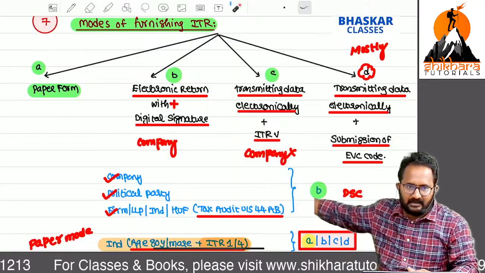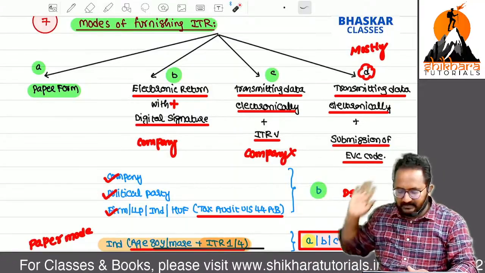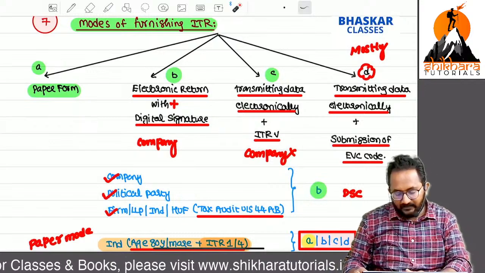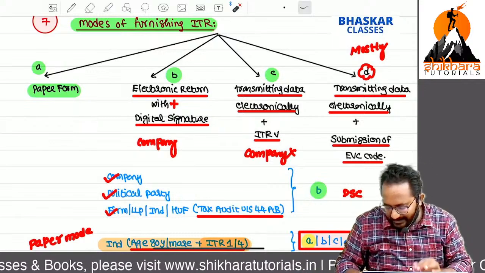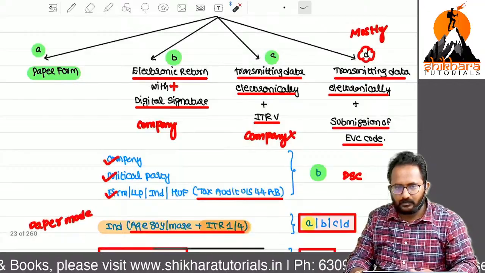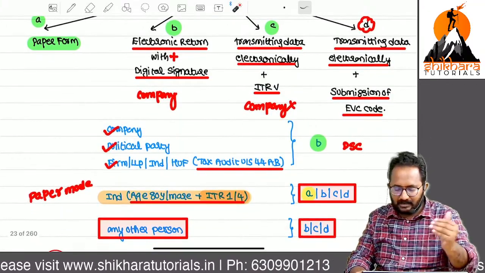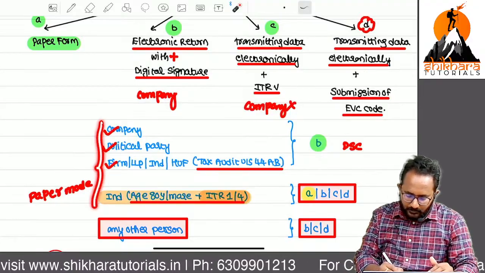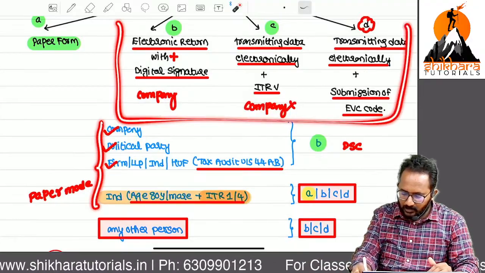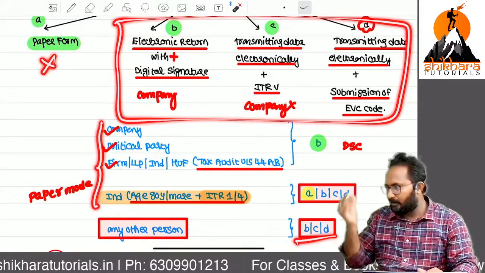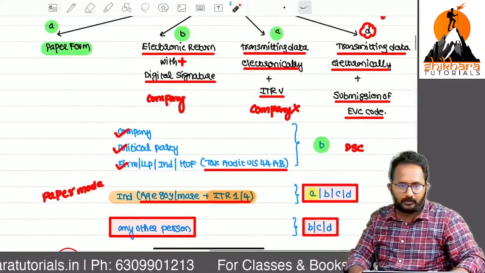Tax audit assessees, electronic filing with the digital signature. Next, political party, electronic filing with the digital signature. Now, any other person other than these two will go with these three modes, other than paper form. Clear up to now?